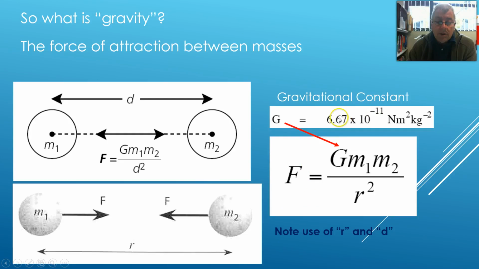So this constant is dependent on the units that we use. If we went back in time, to when we were using the imperial system, these values would be different because we wouldn't be using kilograms and meters, and so the constant would have a different value. It is still a constant, so that if you put kilograms and meters in here, you get newtons.